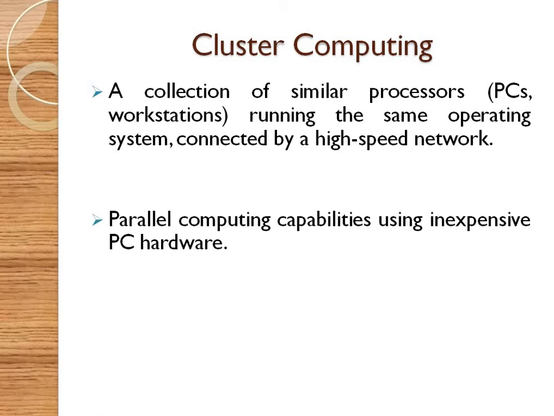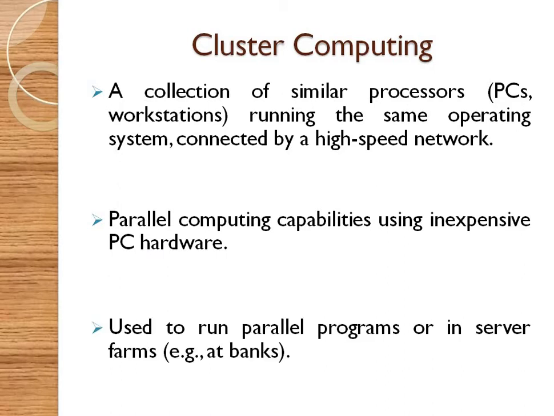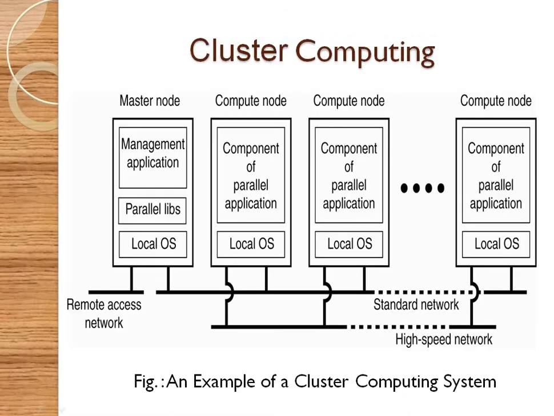Cluster computing is used for parallel programming in which a single program is run in parallel on multiple machines. It is used to run parallel programs or in server farms, for example, at banks. Figure shows an example of cluster computing system.